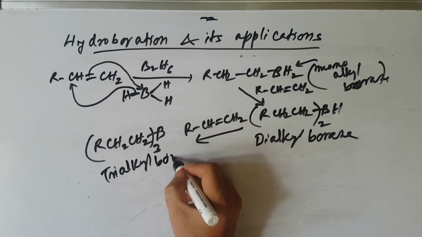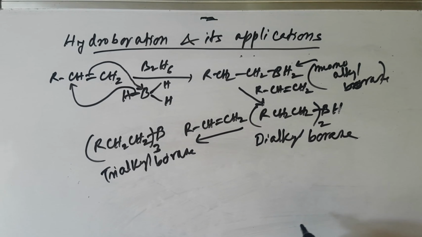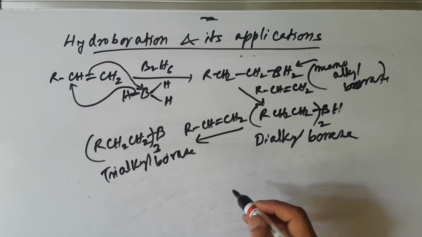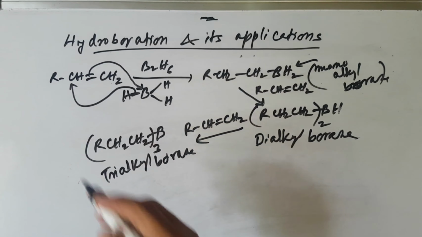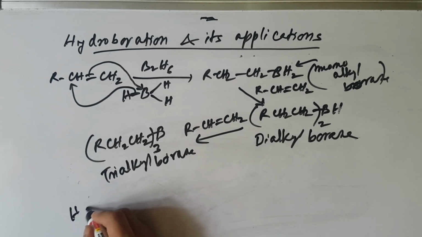Okay, so one molecule of borane can react with 3 molecules of olefinic compounds to give trialkyl boron. So here addition takes place in an anti-Markovnikov fashion.